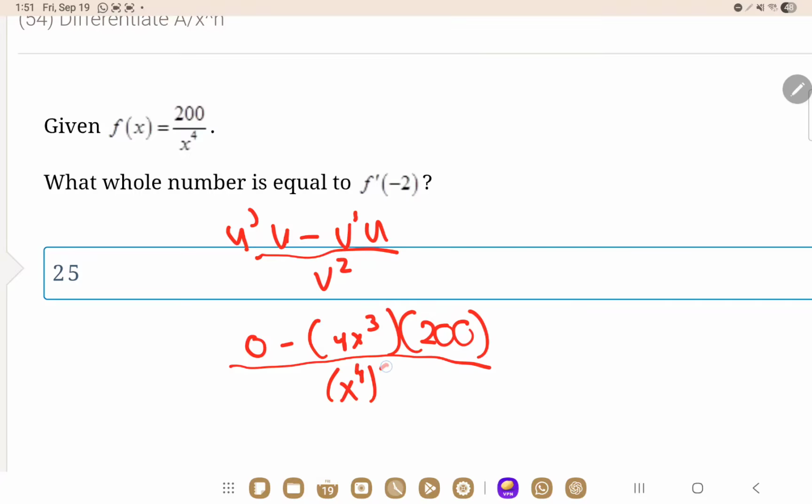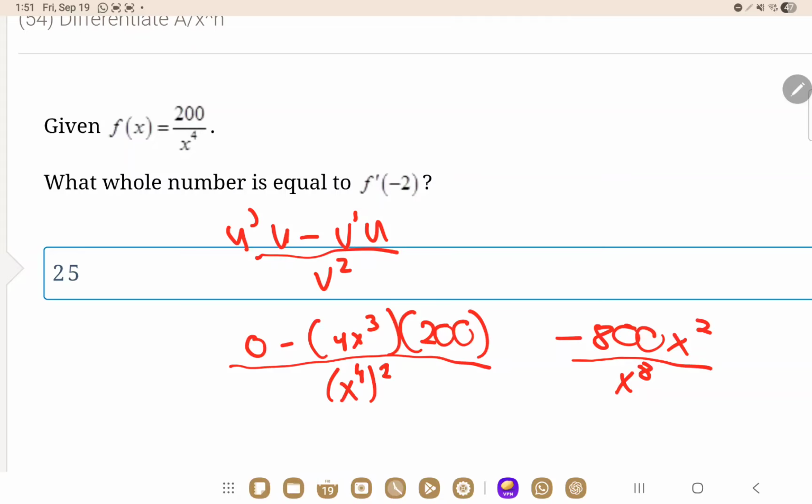But let me write it x to the 4 squared. So now we have negative 800 x cubed over x to the power of 8. Now substitute negative 2 into this equation. Just put it onto your calculator, negative 800 times 4 over negative 2 to the power 8.